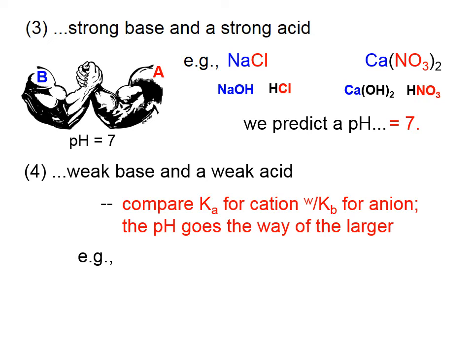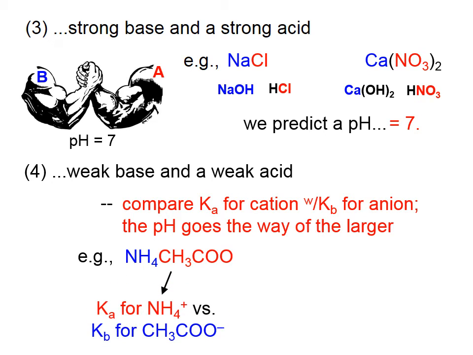You would compare the Ka for the cation with the Kb for the anion, and the pH goes the way of the larger. Here is a salt that is derived from a weak base, ammonia, and a weak acid, acetic acid. What we would need to do, and this might require a calculation or two, we would calculate the Ka for the ammonium ion acting as an acid, and the Kb for the acetate ion acting as a base, and whichever one of those is bigger, that's the way the pH is going to fall.